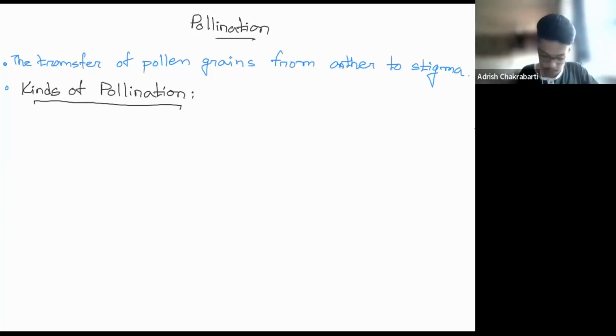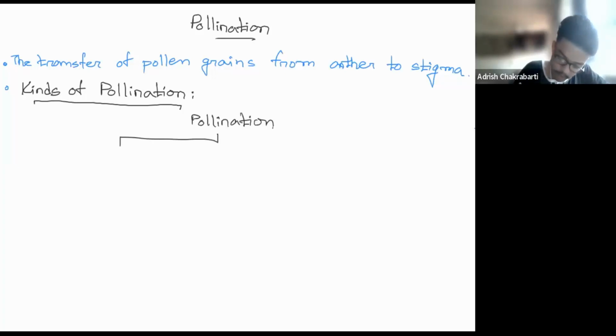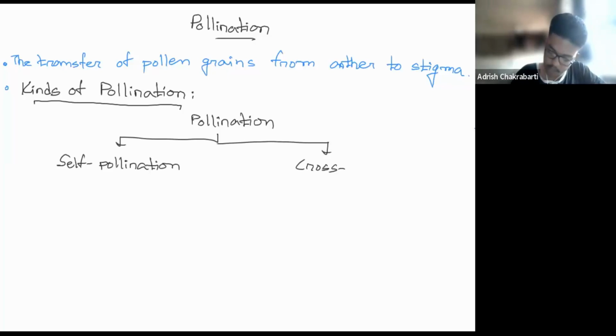So coming back to kinds of pollination, we can classify pollination into self-pollination and cross-pollination. I think this is an easy topic because everyone has studied these in the earlier classes in 9th and 10th. Okay, so here we have self-pollination, and here we have cross-pollination.